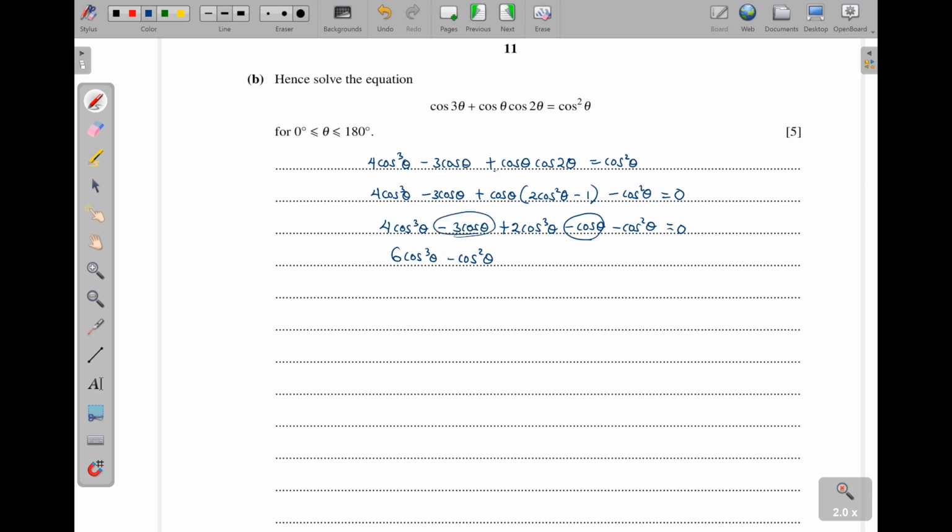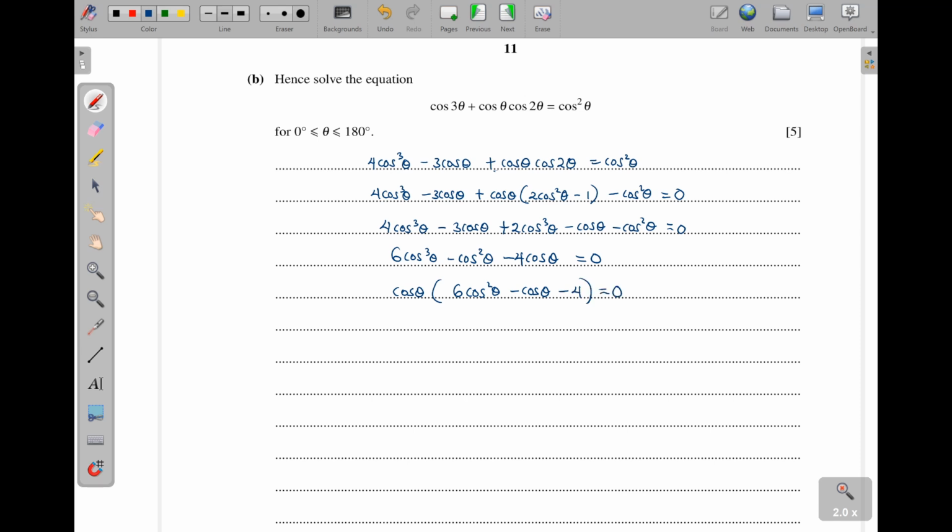We have this and this, so that will be minus 4 cosine of theta, which is equal to 0. But cosine of theta is actually common. I can pull it outside, then I have 6 cos squared theta, then minus cosine of theta, then minus 4.